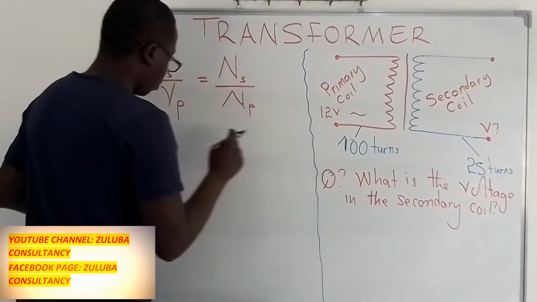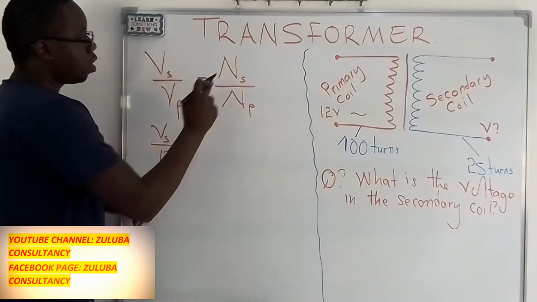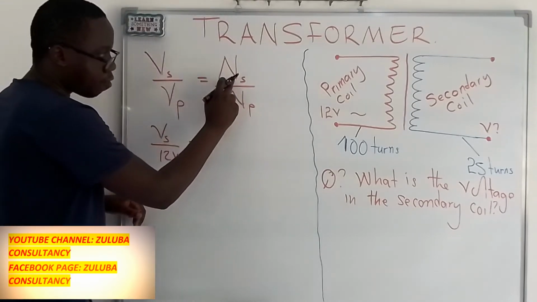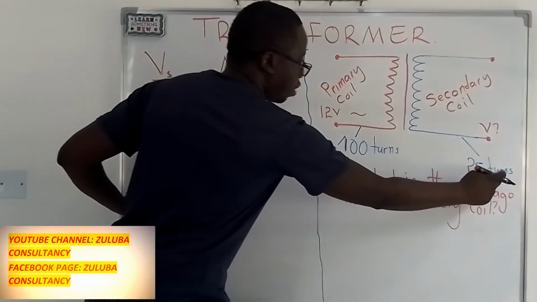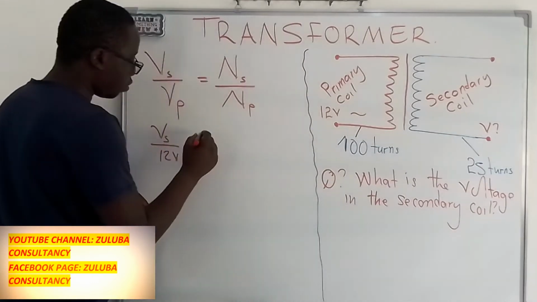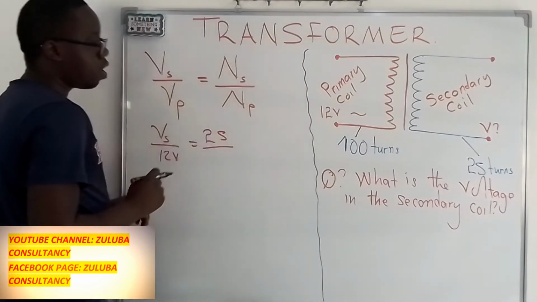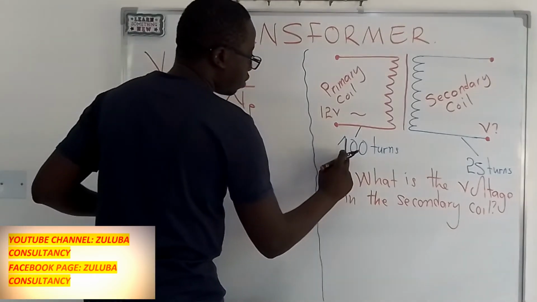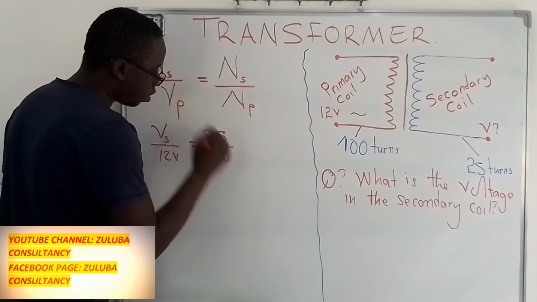And then we come to the other side of our equation. We have the number of turns in the secondary. The number of turns in the secondary is 25 turns. So 25 turns there. And then the number of turns in the primary is 100.